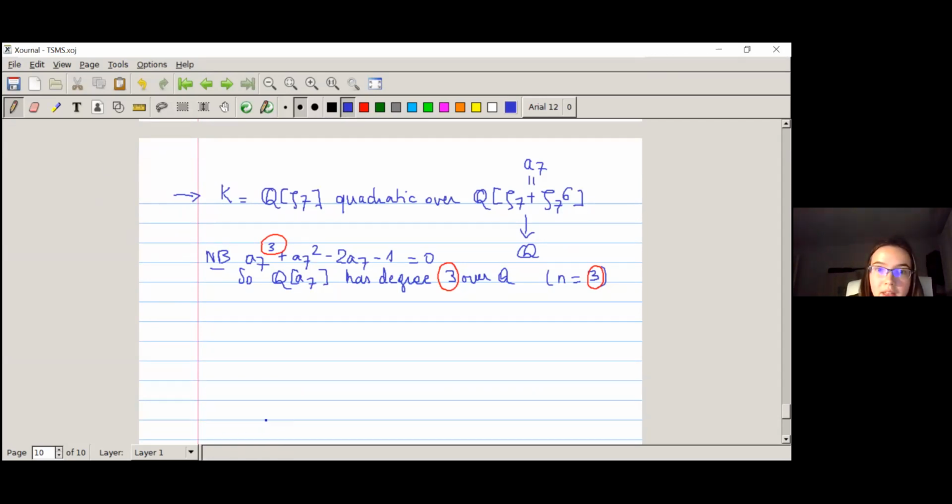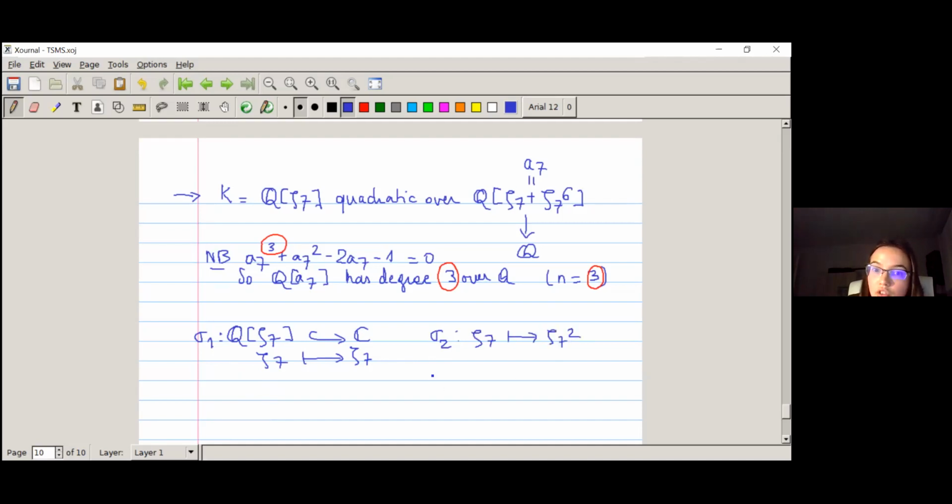And you have 3 embeddings for this one. So if you try to embed Q zeta 7 in C, you have sigma 1, which consists in taking zeta 7 to zeta 7. You have sigma 2, which takes zeta 7 to zeta 7 squared.